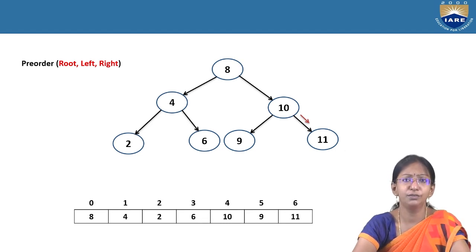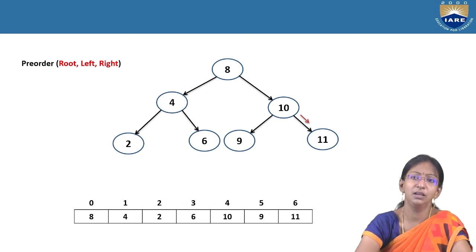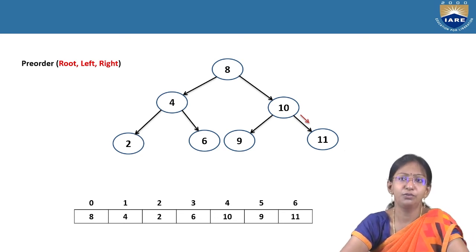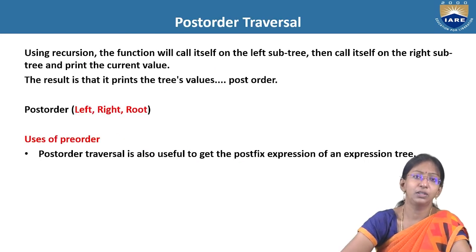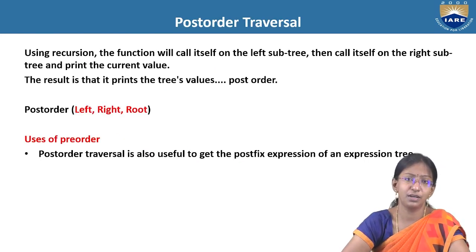Preorder does not give you any guarantee that the final resultant traversal order will be in some form. It will not promise you anything, right? You can see the order 8, 4, 2, 6, 10. It is neither ascending nor descending. Okay, let's have a look at the next and last one, the postorder traversal technique.